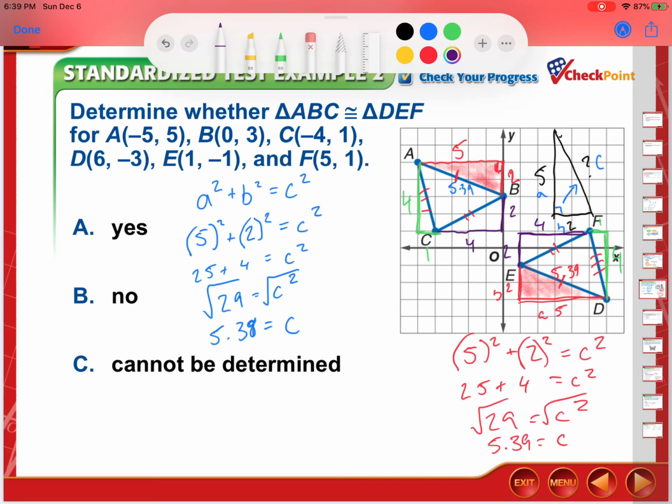And then from E to F, I go up 2 and right 4 to make my right triangle. The dimensions of that are also 2 by 4, which means that third side is going to be the same. So 2 by 4 is still going to be the same as 2 by 4. So using the Pythagorean theorem, I can determine, yes, these are congruent.